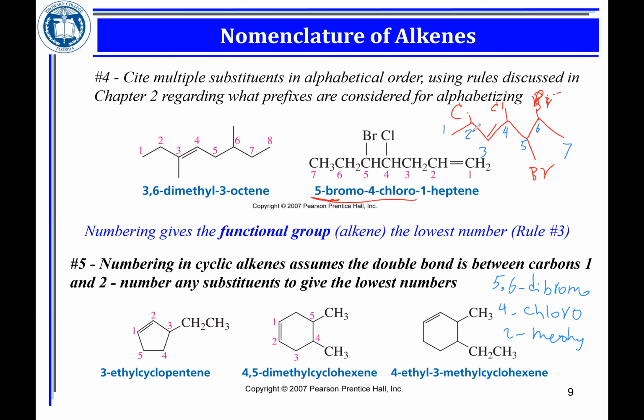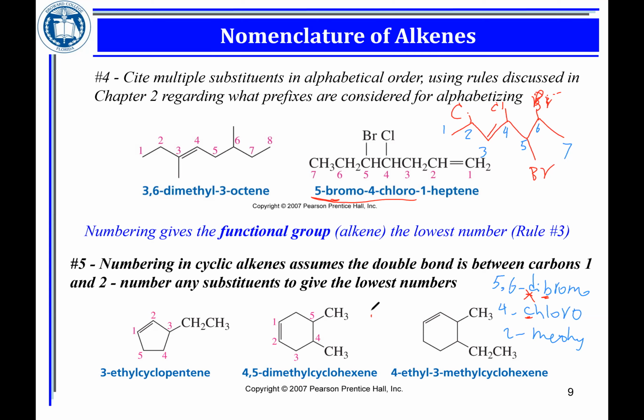Your question is, if I'm alphabetizing this, should C come before D? Are you counting C and D, or C and B? I'm saying D does not count. So prefixes don't count. If you have a prefix of di, tri, tetra, sec, it doesn't count, with the exception of iso.